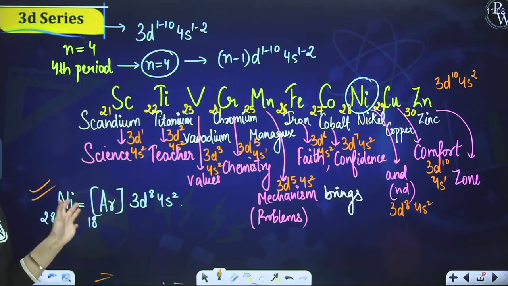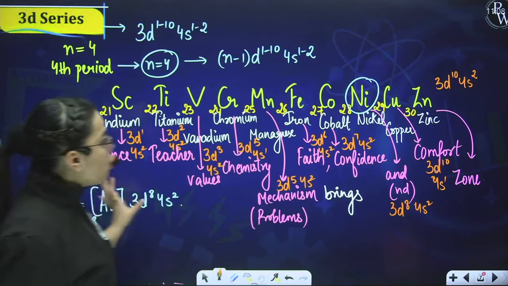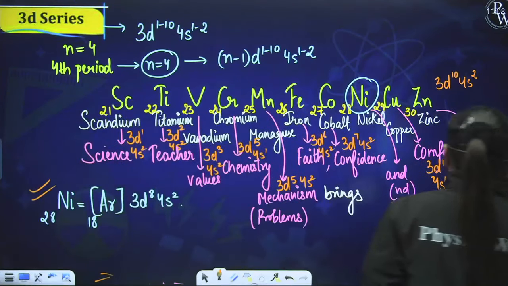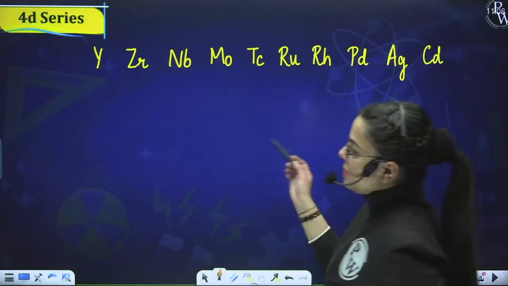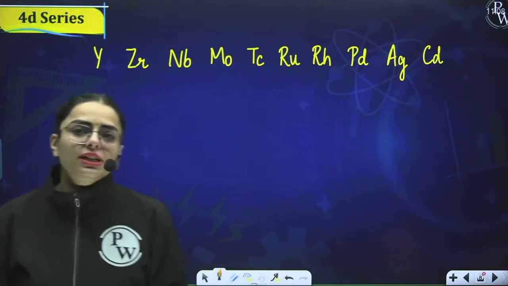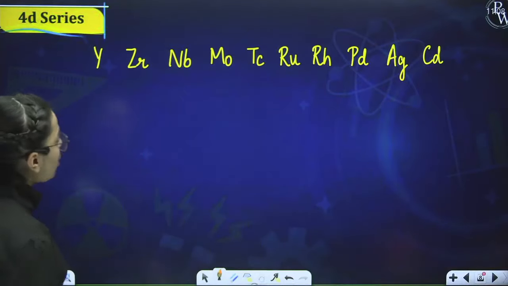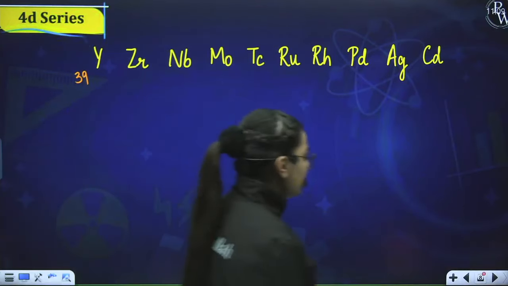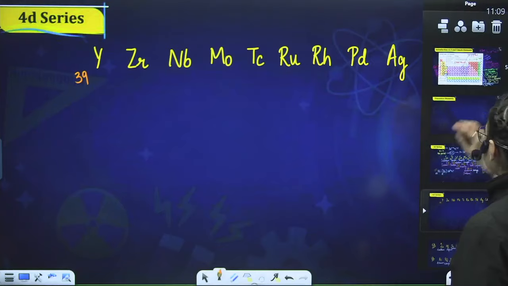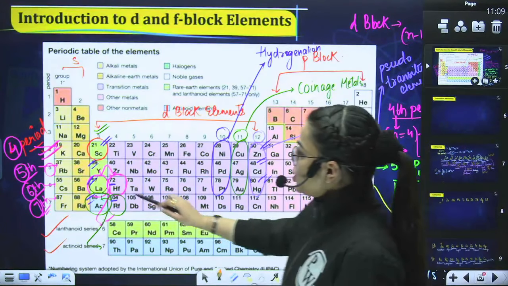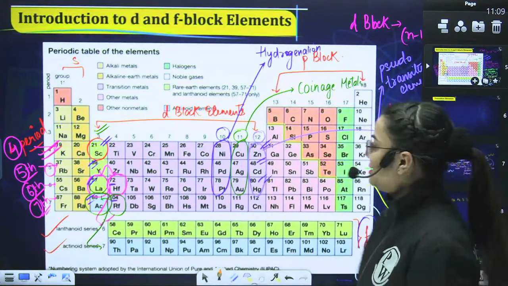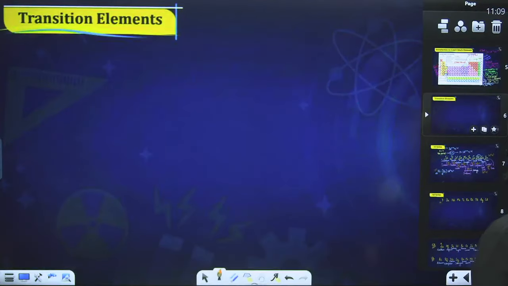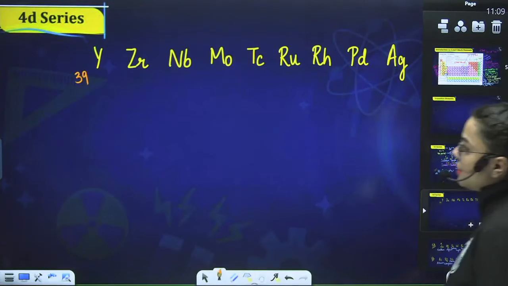Now we shall proceed towards the next series, that is the 4d series. These elements are present in the 4d series. They start from atomic number 39. If you observe the periodic table, they start from 39th. So let us write all of them.